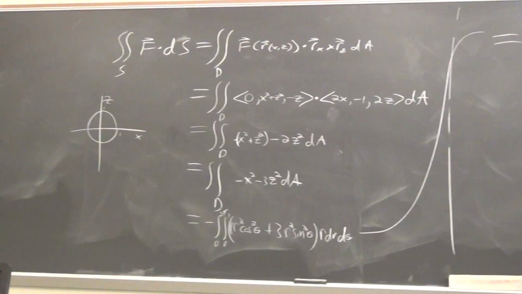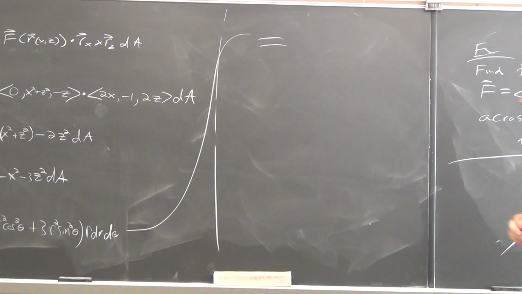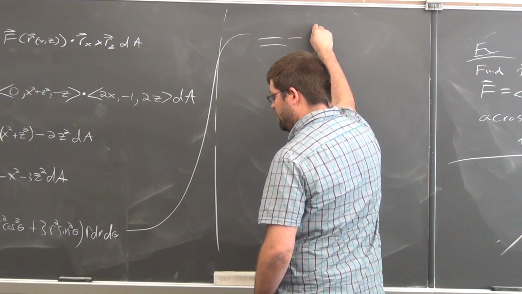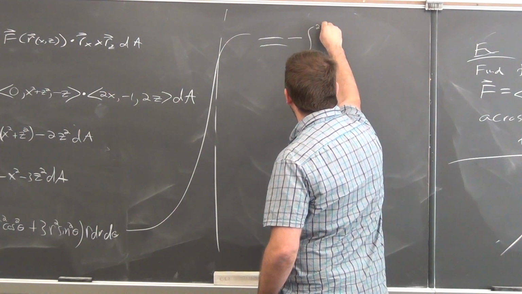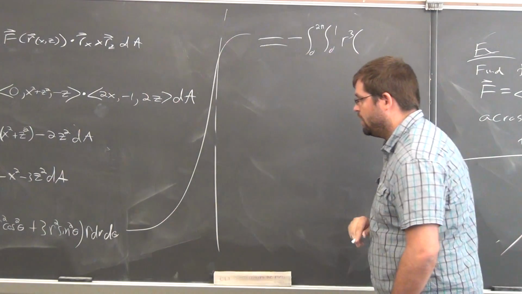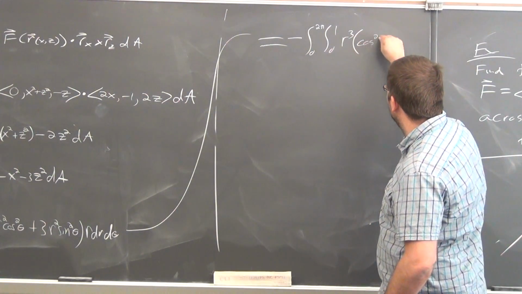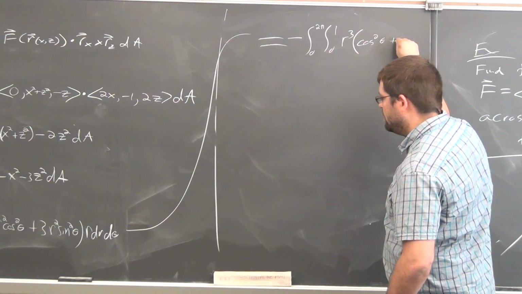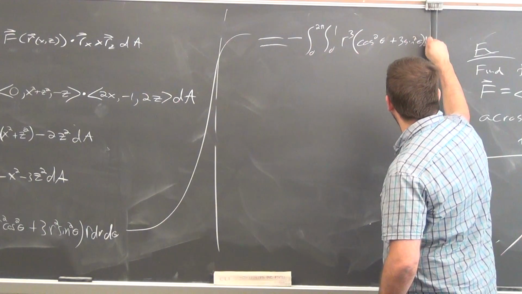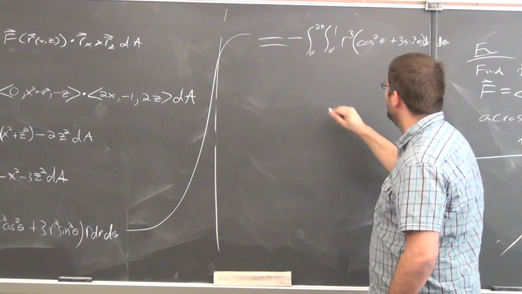Let's just work it out. So negative, 0 to 2 pi, 0 to 1, r cubed times cosine squared plus 3 sine squared, dr d theta.